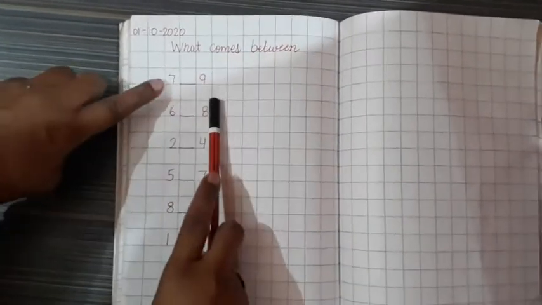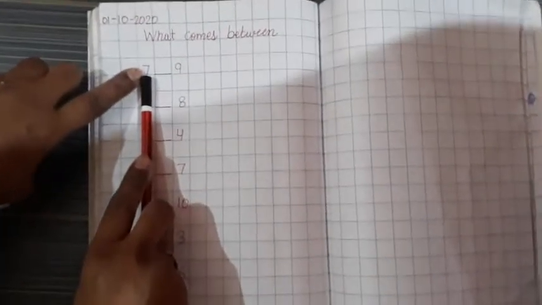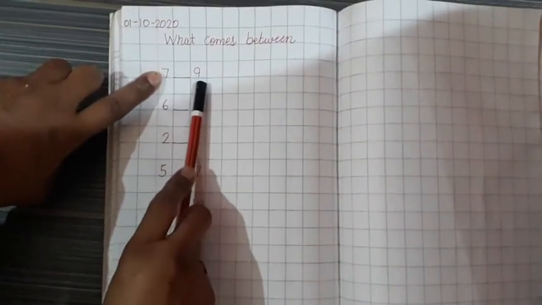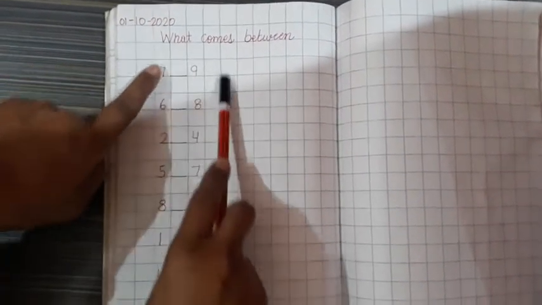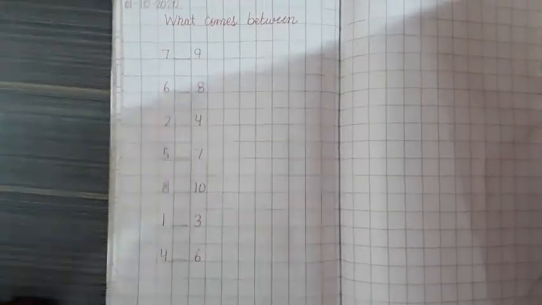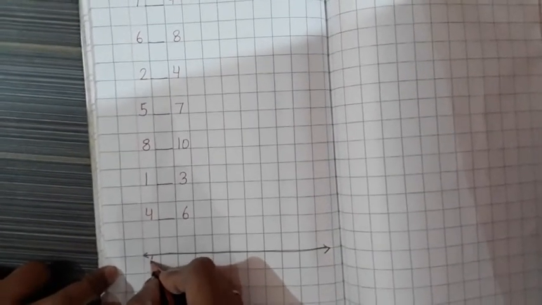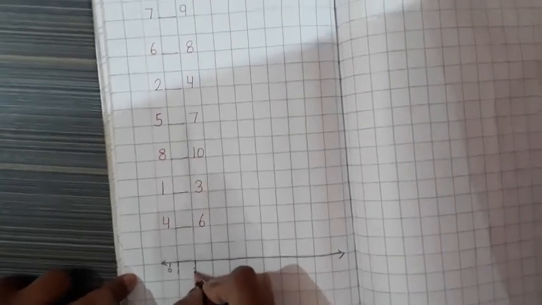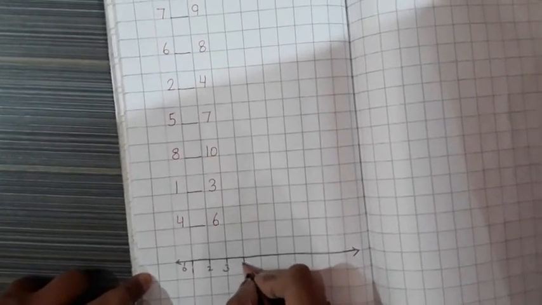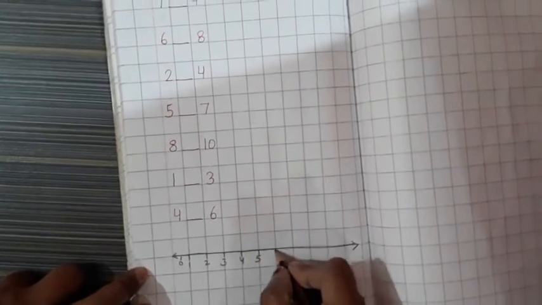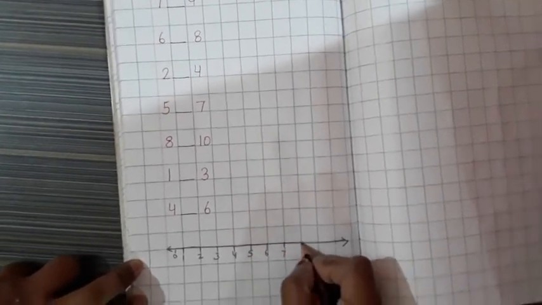Okay, now look, the first one 7, and here you can see a dash and then 9. So before solving this, what you have to do, you have to draw a number line like this. This is a line, okay, and then put numbers on it. 0, 1, 2, 3, 4, 5, 6, 7, 8, 9, 10.